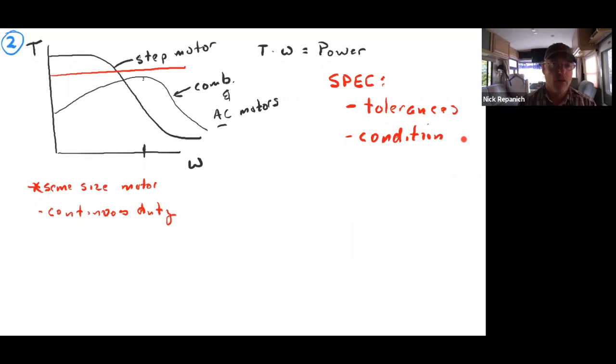So if you cool that motor down to 20 degrees C, it may be a better speed torque curve. It may be up here. Again, that's the conditions they ran the test under when they gave you the tolerances and the spec. So when you're designing your project and you see a number, it's not just a number; you still have to deal with it and make some judgments about it.